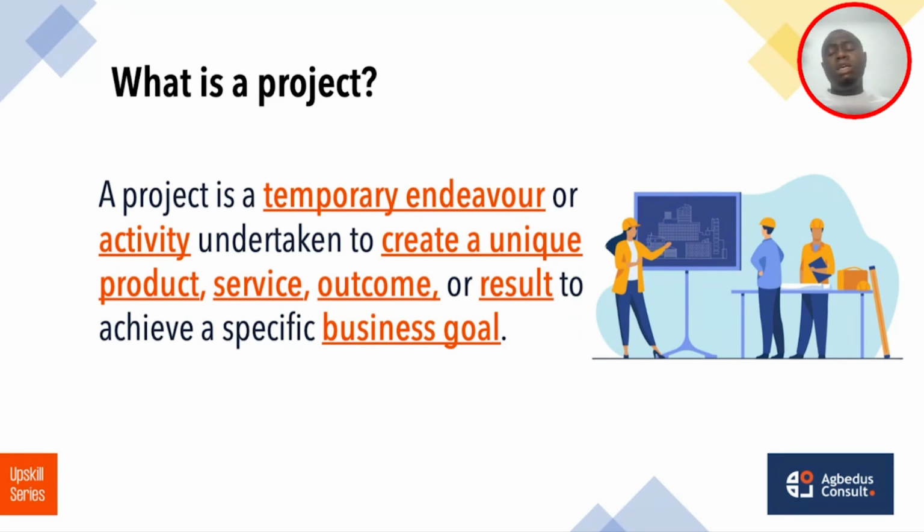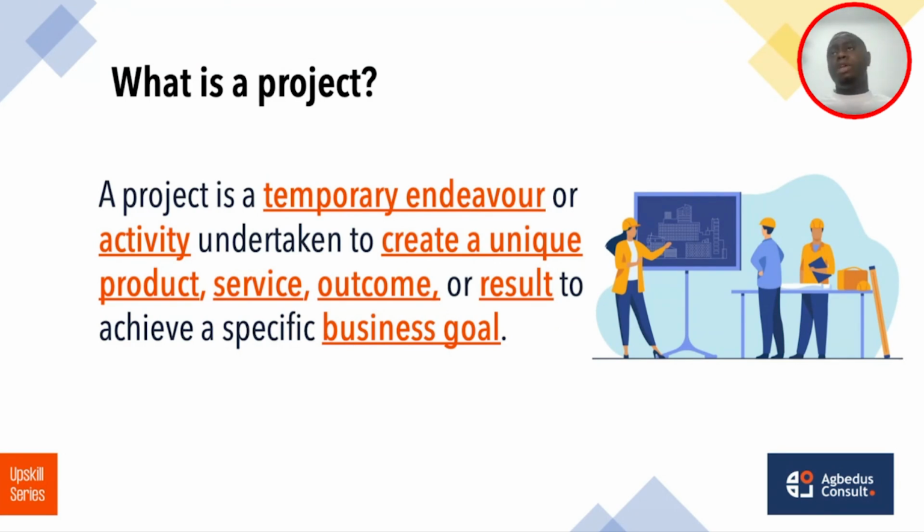In simple terms, I would say a project is an activity. And one thing you can also see here is temporal, which I've highlighted. So with a project being an activity, it is also a temporal activity that people embark on. So projects are temporal.